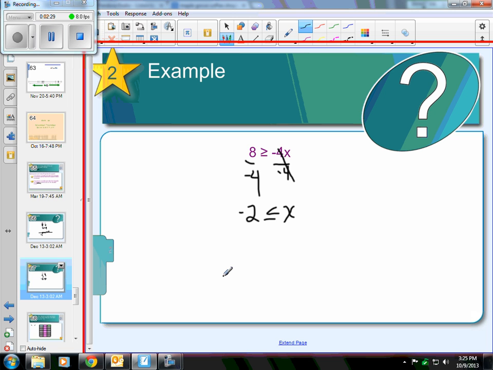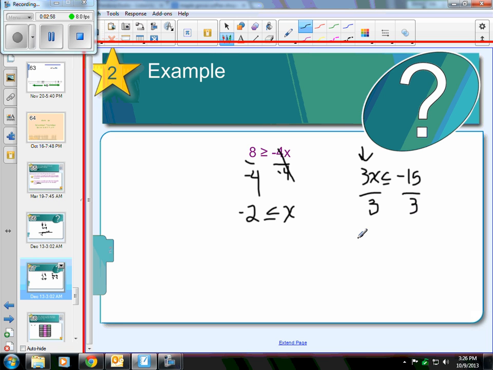All right, now just for showing purposes, if we had 3x is greater than or equal to -15, because the negative number is not with the variable, we do not have to switch the sign.